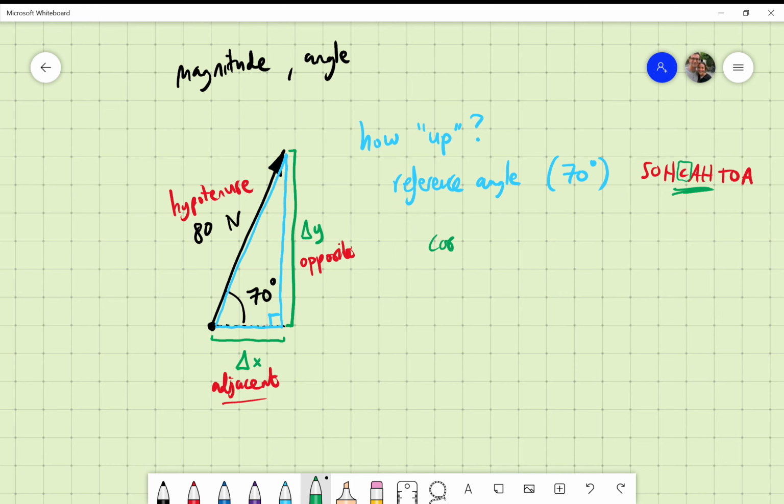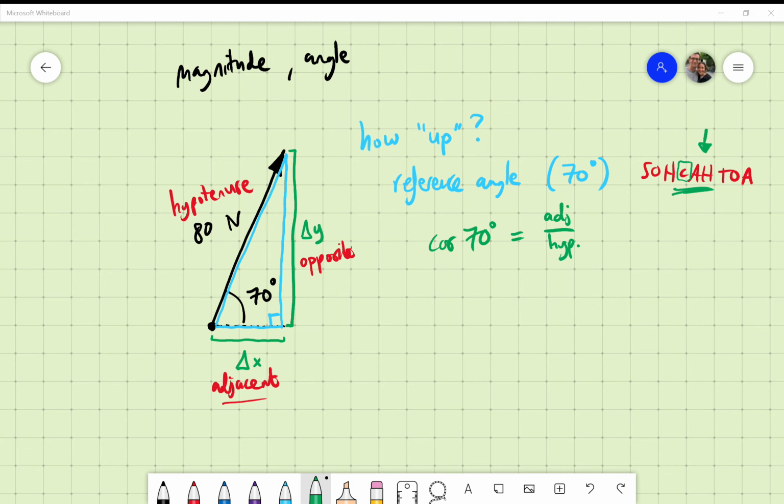So I write cosine of the reference angle equals the adjacent over the hypotenuse. And by the way, it has to be adjacent over hypotenuse because the A and then the H were right here in SOHCAHTOA. That's why it's that, not the other way around.